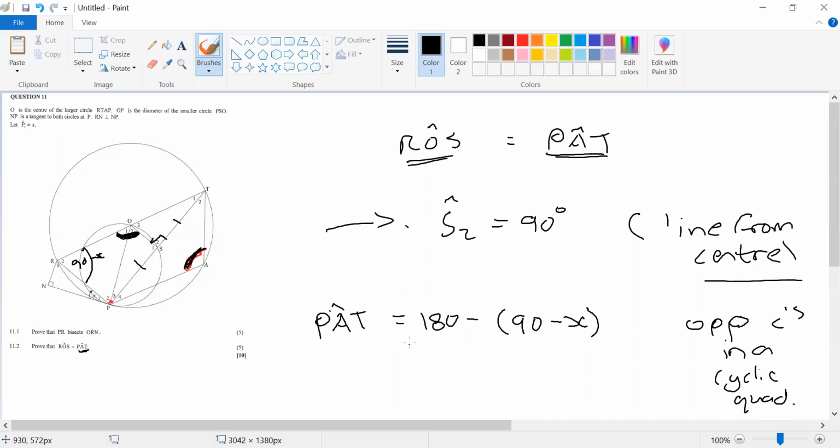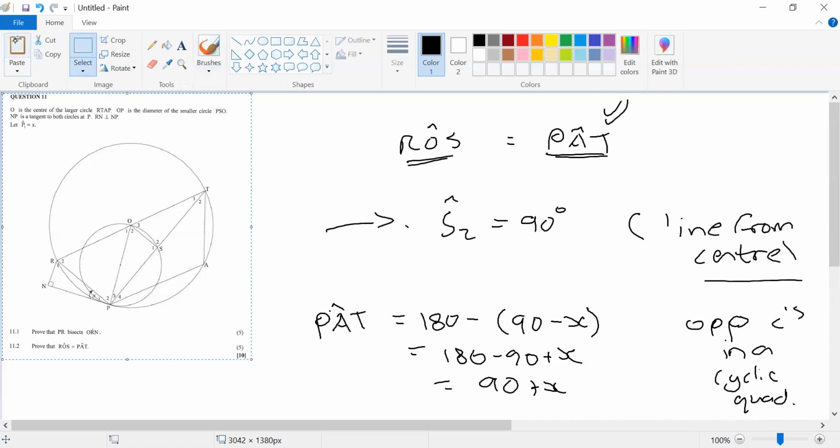And now if we simplify this, this is going to be equal to 180 minus 90 plus X, which is equal to 90 plus X. So we now know what angle PAT is, which is half of our problem solved.